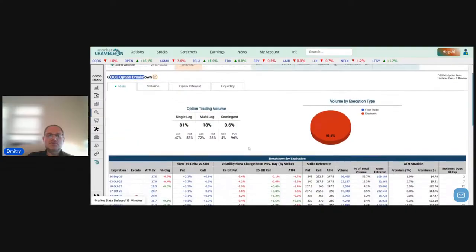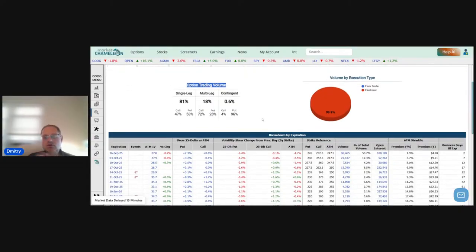And in the beginning, we have the summary statistics for all the option volume. So this is taking all the option volume in aggregate that traded in Google. So we see 81% of all the option volume were single leg trades, which means either buying or selling a call or a put. 18% of the option volume was entered and executed as a multi-leg trade, like a call spread.